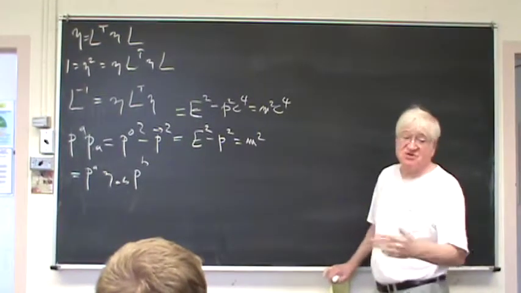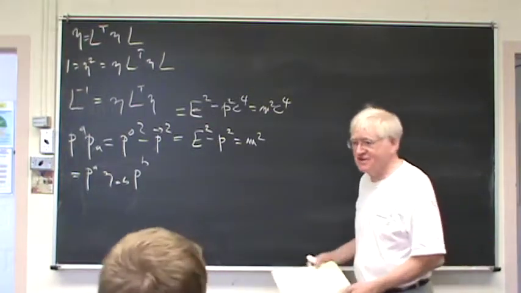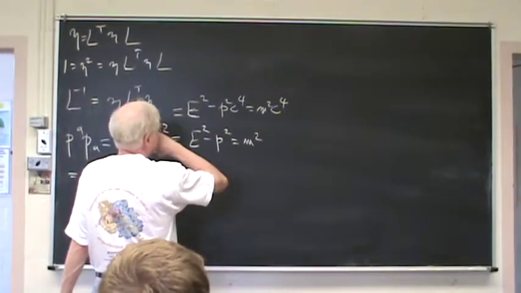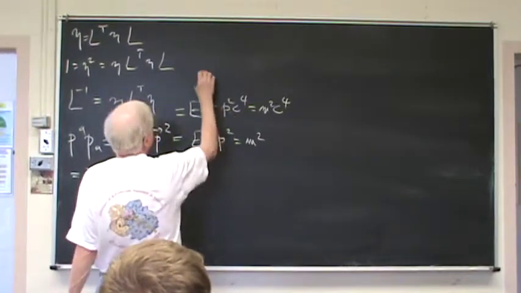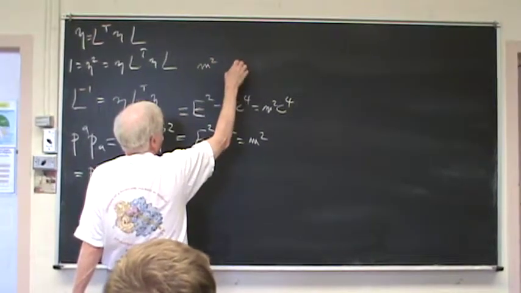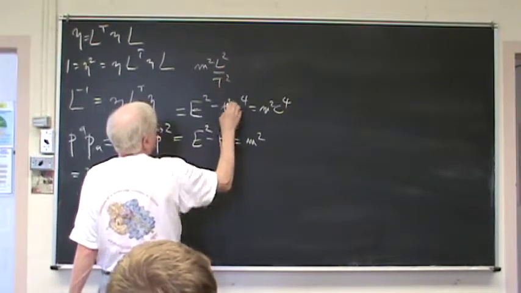P and M. Well, I just don't remember. From the dimensional units there, what will we have? It would be M squared L squared over T squared.